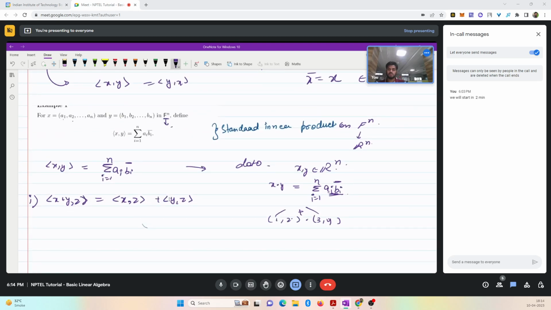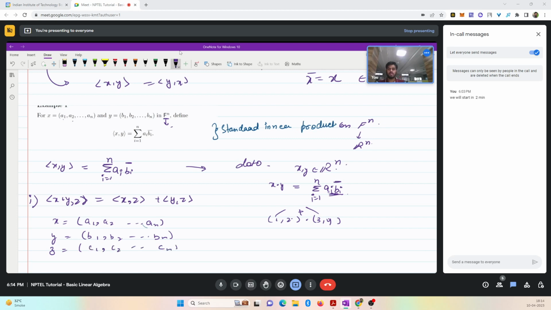So first of all, let's define some notation for x, y, and z. My x looks like a1, a2 till an, y looks like b1, b2 till bn, and my z looks like c1, c2 till cn.